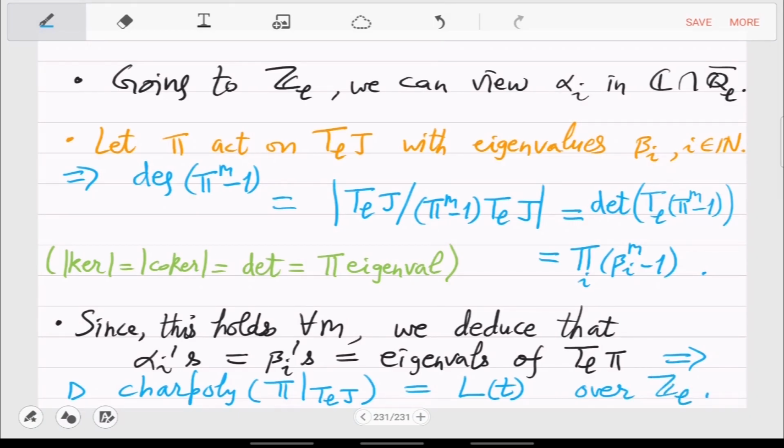So if you just look at the L-adic torsion part of J, the characteristic polynomial of pi matches that of L_T, right? But L-adic is characteristic 0, so it actually matches exactly over integers.